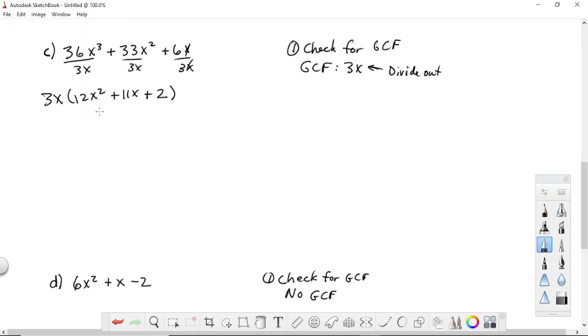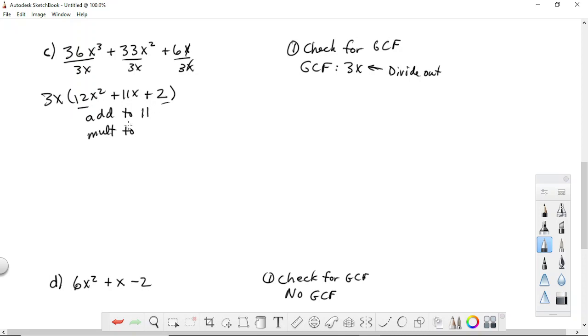We got to factor that now, right? We factored out the 3x. That's all well and good. Now inside the parentheses, we have a quadratic. This one's going to require the AC split the middle method. So we have to find out what numbers to use, and they're going to add to 11, and they're going to multiply to, that's our 12 times our 2.